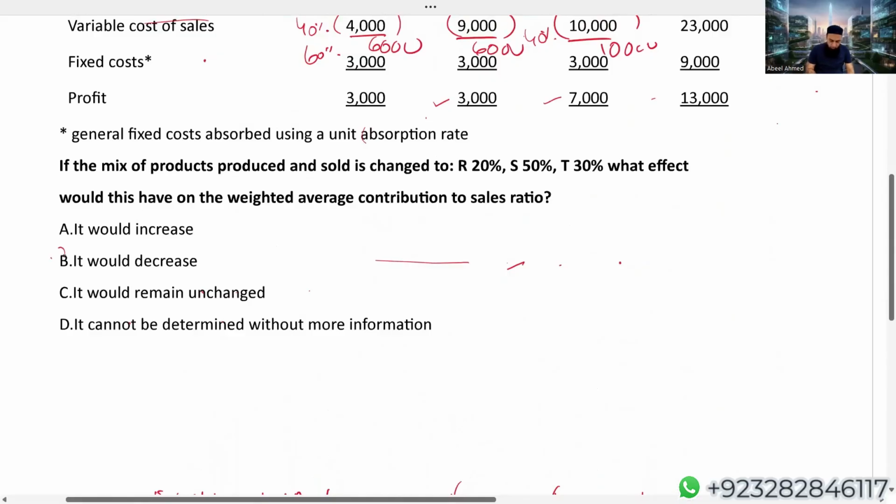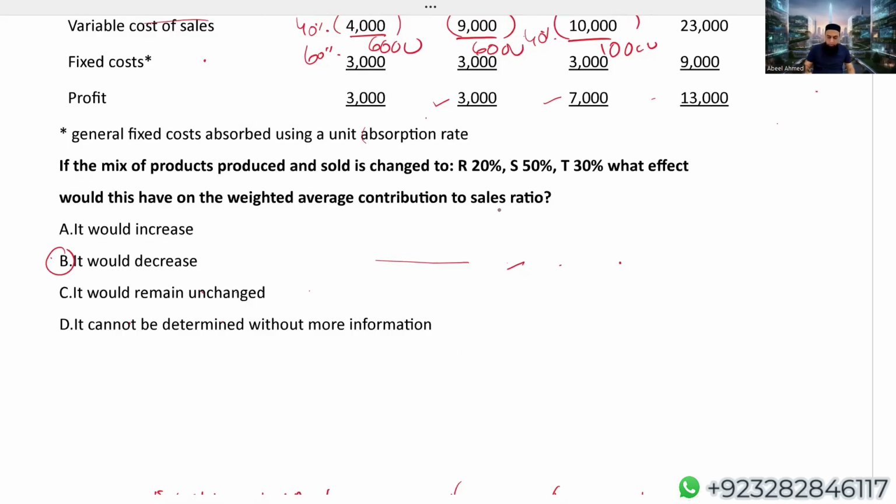So logically, the answer is part B. If my weighted average CS ratio is going to decrease, it means this new mixing ratio is going to have more focus on low margin products. That is what is happening. We are having a lower weighted average contribution.